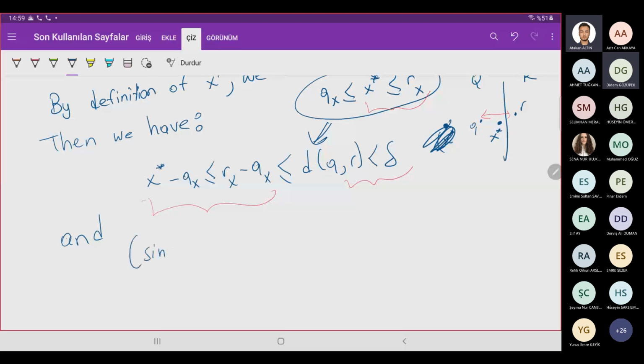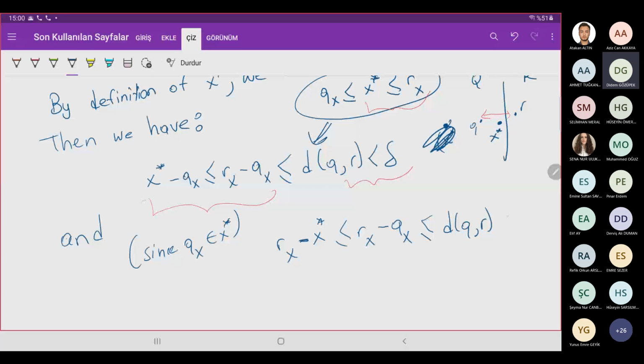Since Qx is in X star, Rx minus X star is less than or equal to Rx minus Qx, and that is less than or equal to the same as before, the distance between Q and R, and that is less than delta.